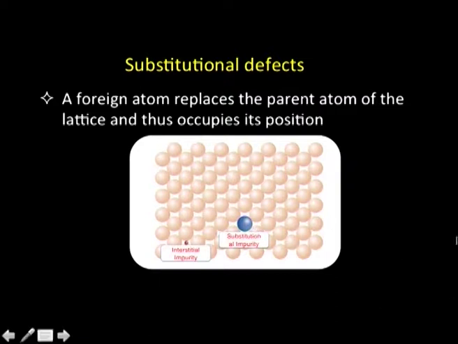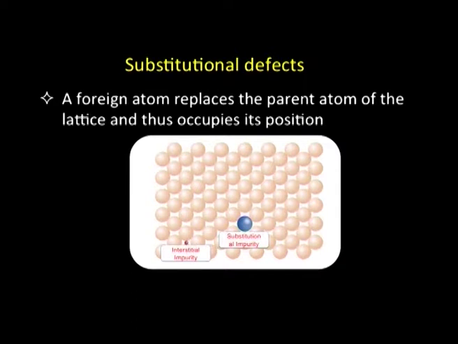Sometimes we can have a situation wherein the foreign material comes and occupies some kind of an interstitial site. This is called an interstitial impurity. This is called a substitutional impurity. That means this impurity is substituting one of the lattice sites of the original material, and in this case the impurity does not replace anything from the original lattice, but occupies some kind of an interstitial site, that is a void in the lattice.